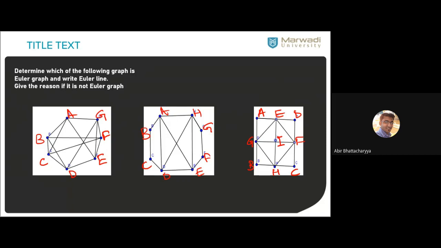Okay, E, F, G, H are already odd degree. So that's why it is not a Euler graph. And also you cannot construct any Euler line. That's all for today. Go for attendance now.